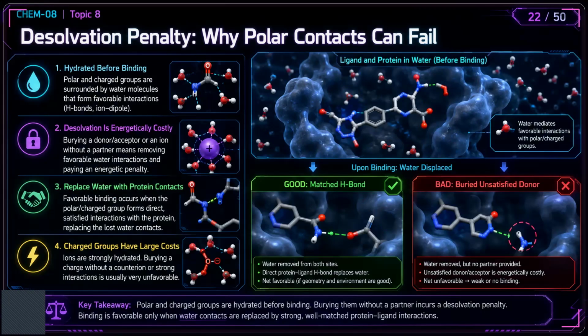Now, polar contacts can oftentimes fail, and some molecules can get hydrated before binding, but desolvation is energy costly. And when you replace water with protein contacts, charged groups may also have large costs. So energetically, it may not be so favored.